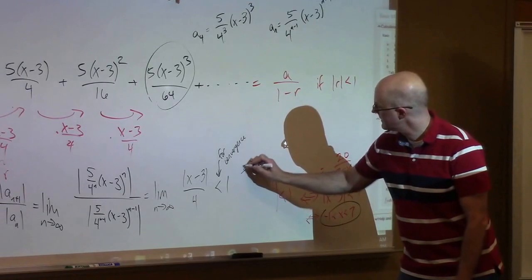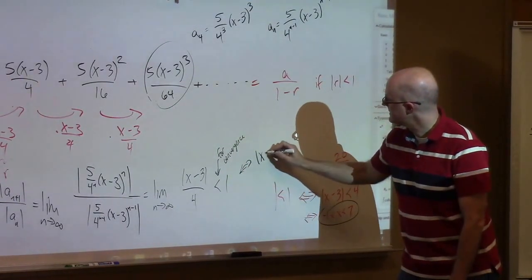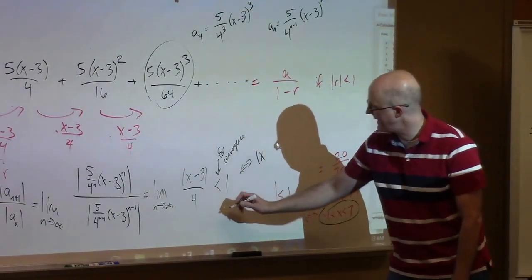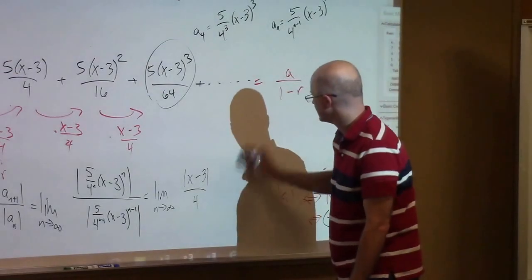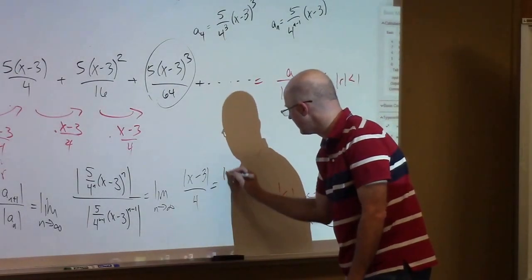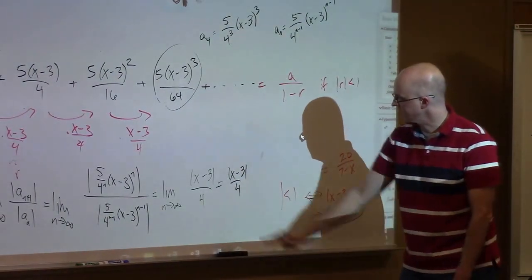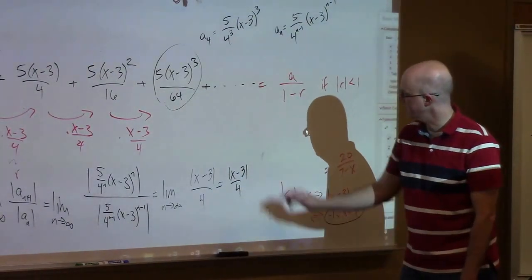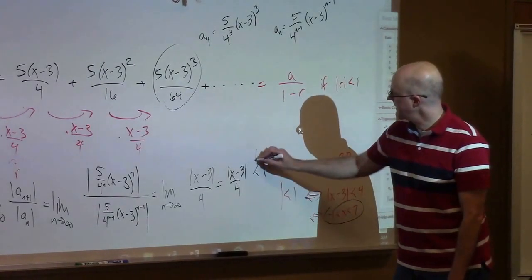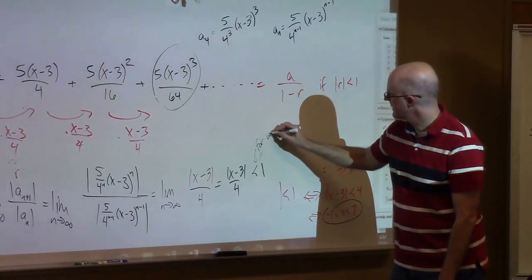This is equivalent to, since this limit doesn't depend on n, in fact, I should really do this. This limit does equal the absolute value of x minus 3 over 4 without a limit sign anymore, because there's no n there. It's a constant in terms of n. We want that to be less than 1 for convergence.